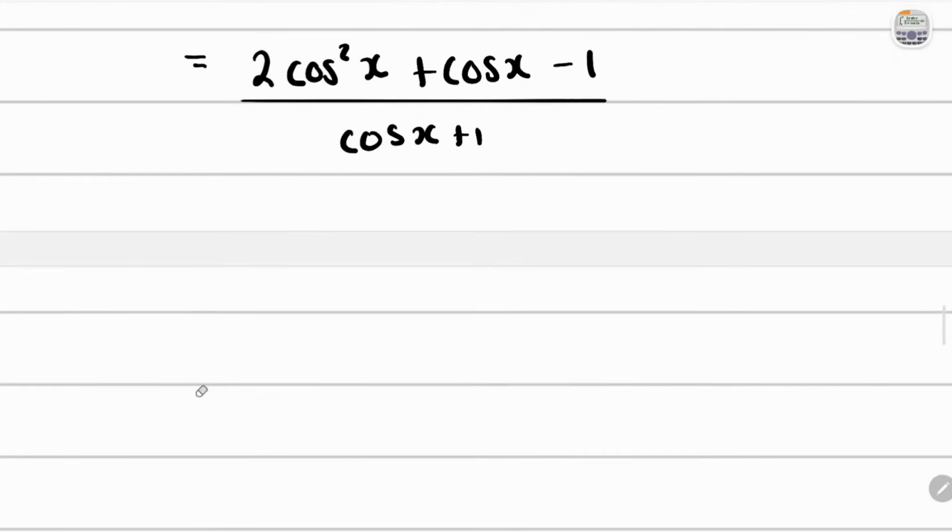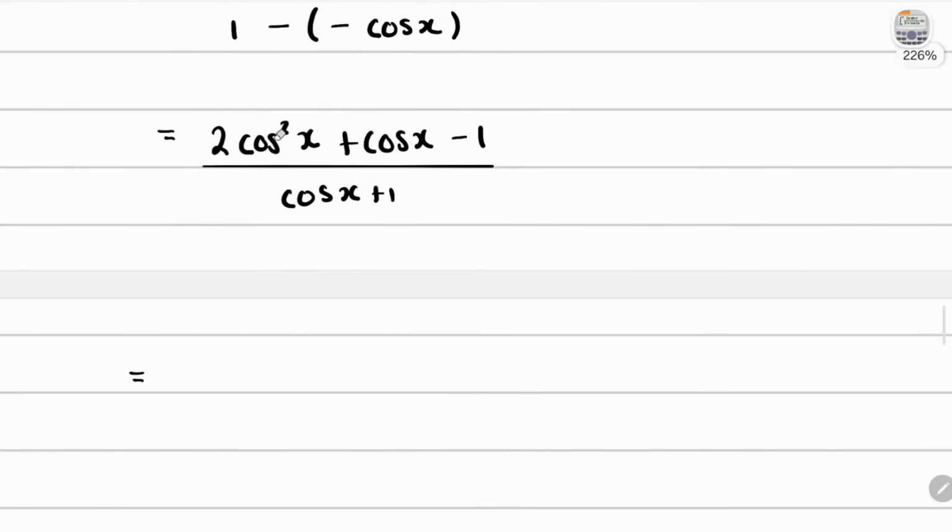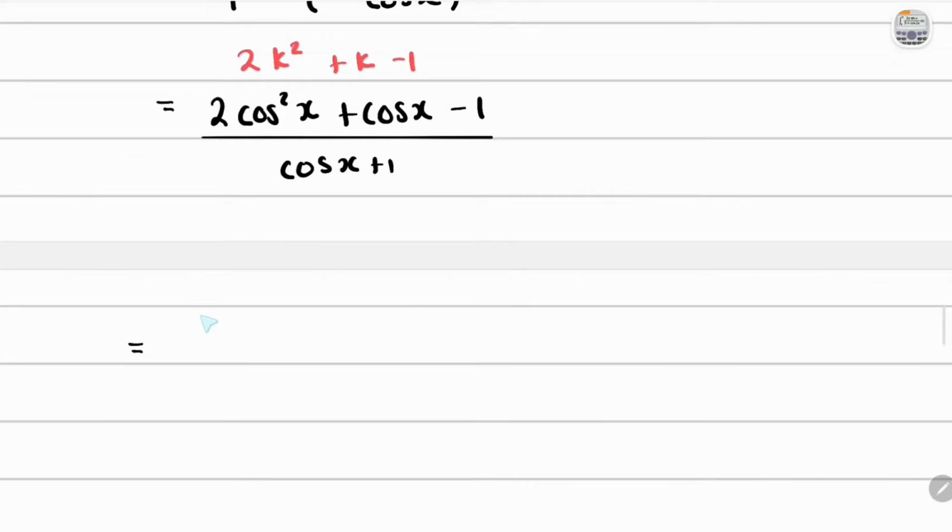Let's go ahead and factorize that numerator. You can use the k substitution method if this looks a little intimidating. In place of cos x, you can replace that with k, and so your expression will look like 2k squared plus k minus 1. But we could also just factorize it like this.